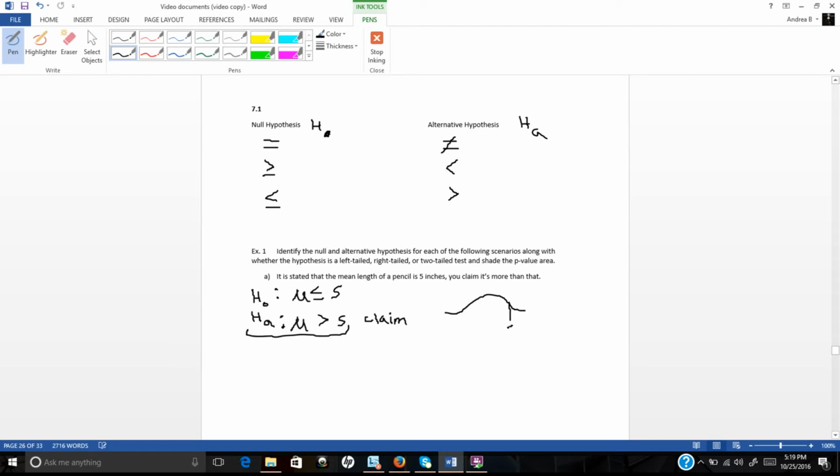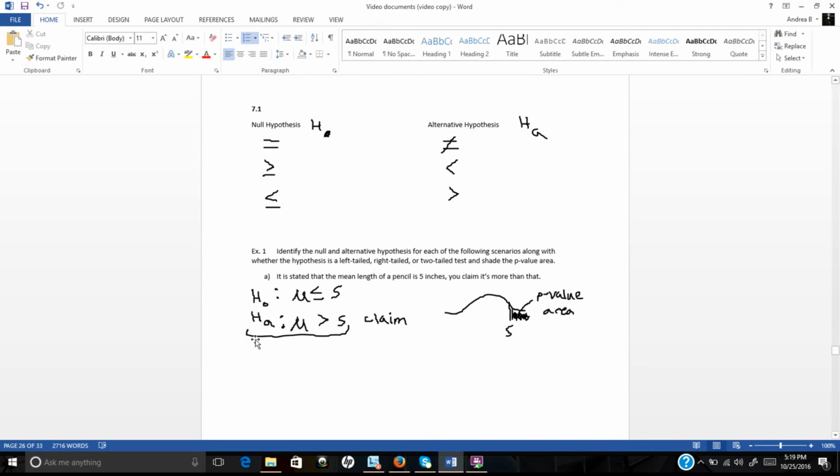In this case, we had a value of 5. So it'd be this area out here for being greater than that, because the statement for the alternative was that the mean is greater than 5. So this area would be considered your p-value area.